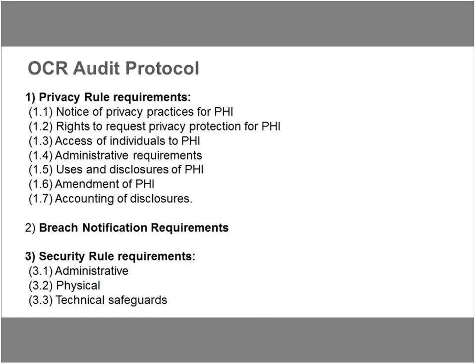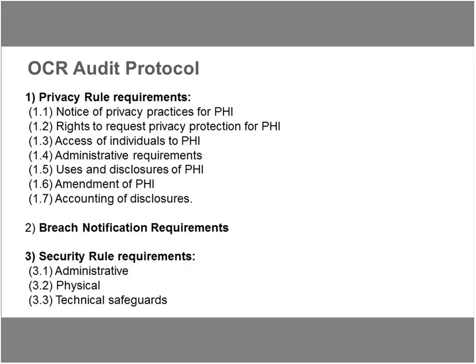And then how are you providing access to the individual? It's pretty much listed out in the privacy rule. And then how are you managing the administrative requirements, and how are you using the data, how are you disclosing it to third parties, and if patients want some amendments to their records, what kind of process you have, and how are you maintaining logs of all the disclosures that you are making, right? So that's the privacy part of it.